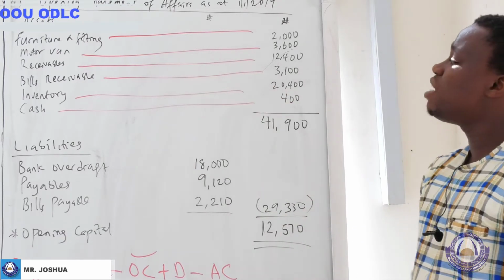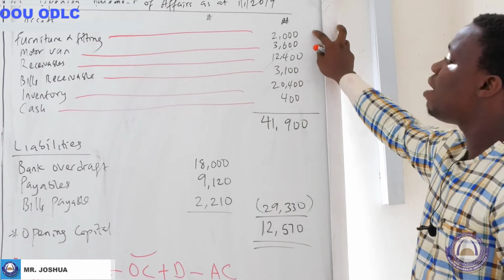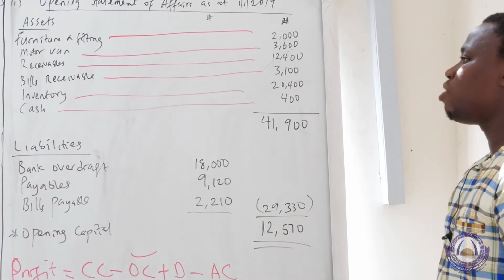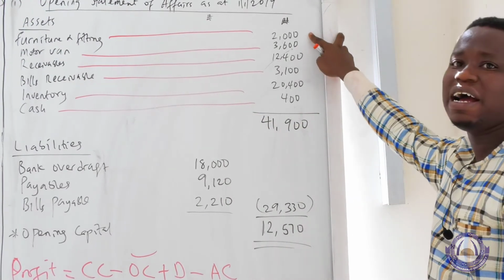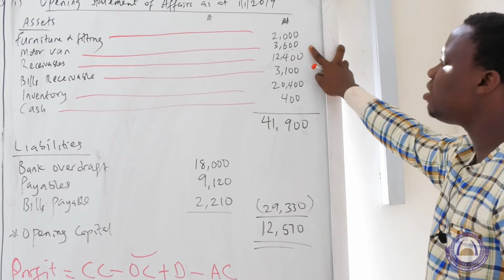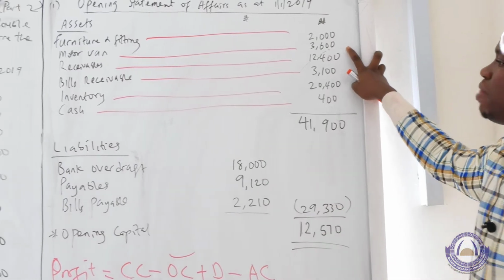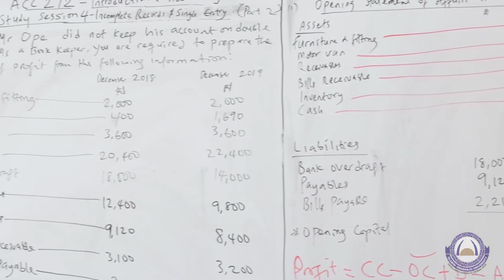Now, in ascertaining our opening capital, we start by highlighting the assets. The assets that we have at the beginning of the year: we have furniture and fittings, the first item in the question, 2,000 naira. The next asset, we have motor van, the third item there, at 3,600 naira.